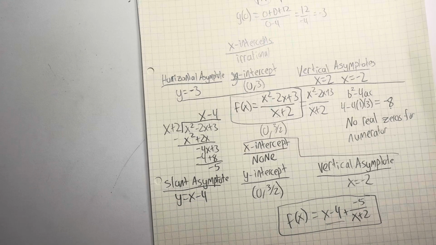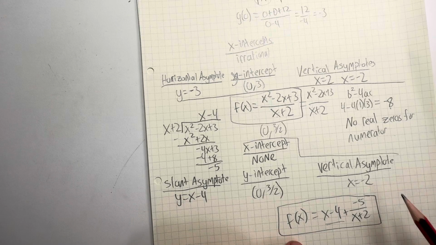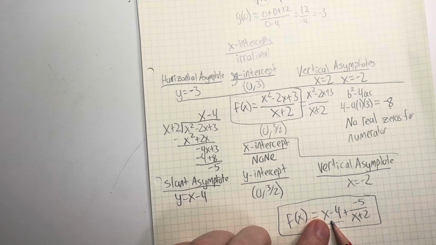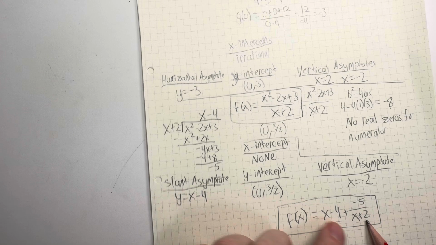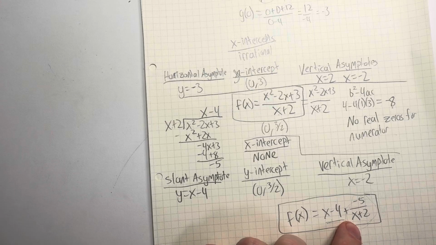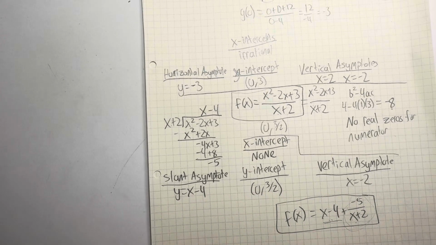As we approach the right-hand side of our graph, as x approaches infinity, this equation becomes just x minus 4, because as we plug in bigger and bigger x values, this tail goes to 0. If you plug in 1 billion, it's going to be -5 over 1 billion 2, which is basically 0. So it's going to look like x minus 4.